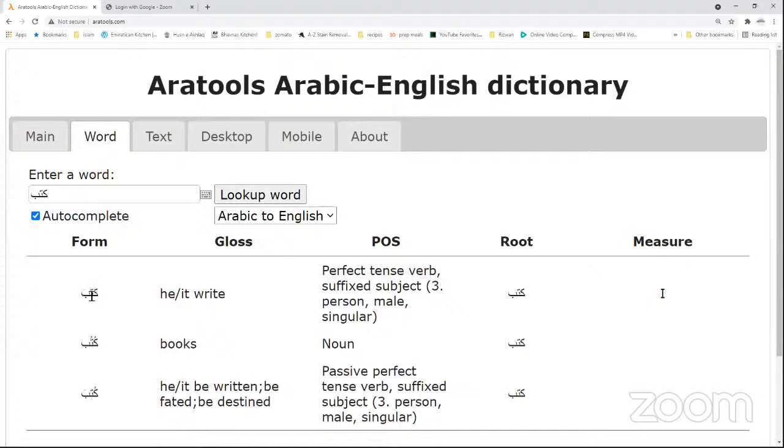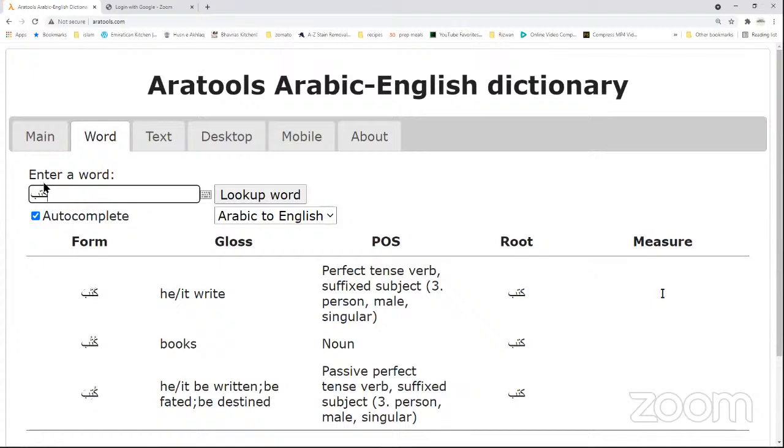Okay, now I know this is kataba. You know that Mudare will always have ya before it. Now I don't know whether it is yaktubu or yaktibu or yaktabu, because it can go to different bab.